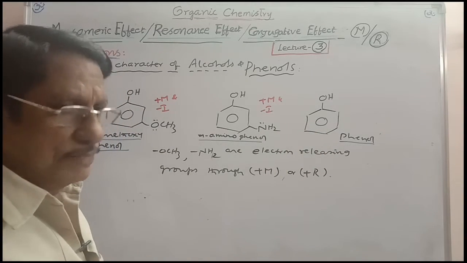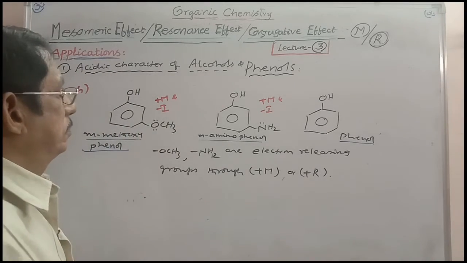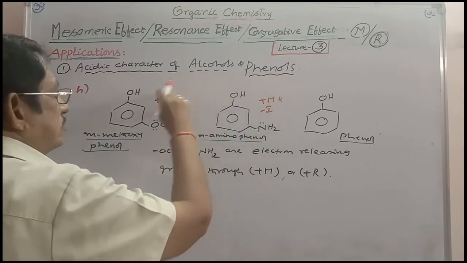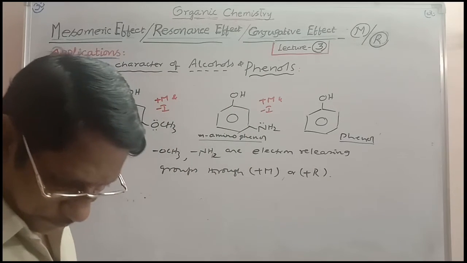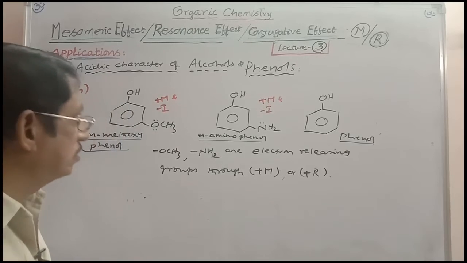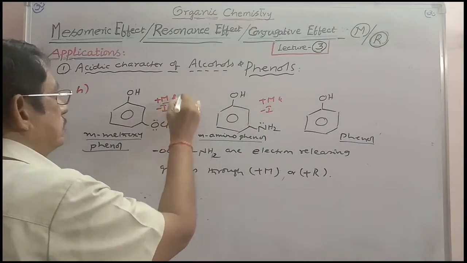Phenol itself will be having plus mesomeric effect. And here, plus mesomeric effect is common in both these cases, but it is not operative, because the substituents are at the meta position.